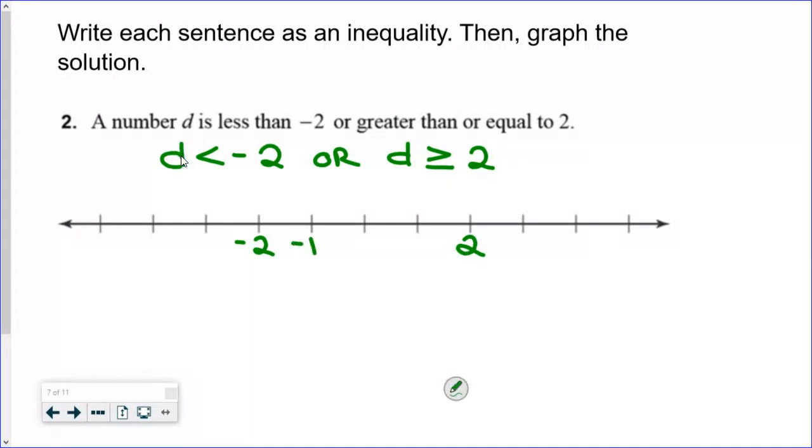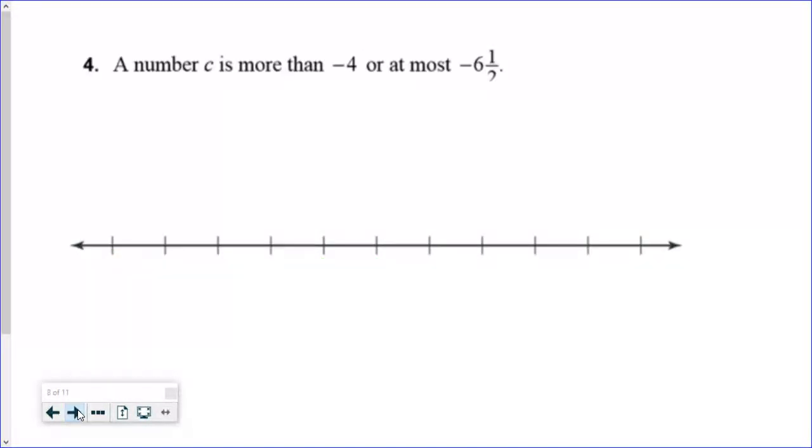You can write the in between them as well. This is going to have two different lines going, usually in different directions. For the first part, it's a hollow circle off to the left, and for this one, it's a filled-in circle off to the right. Usually that's what or statements are going to look like.